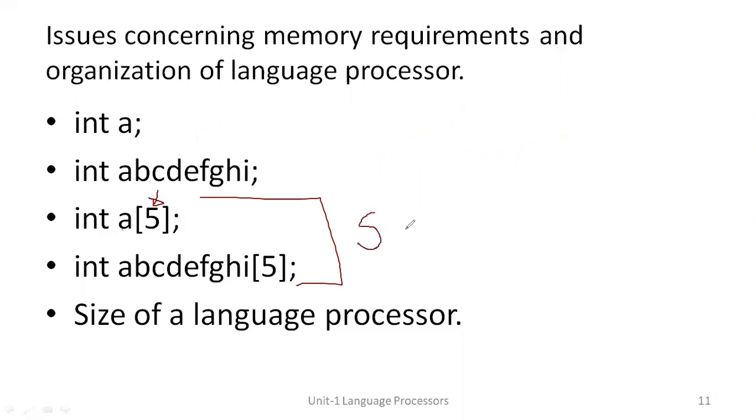So both need the same amount of memory. This indicates the memory requirement. Whereas these two identifiers are different, one is A and the other is ABCDEFGHI, the memory requirement for both these examples is the same.